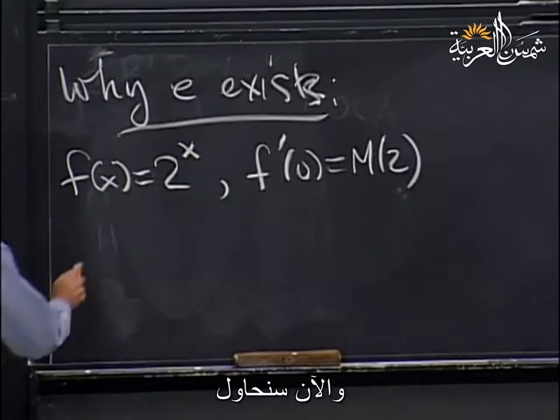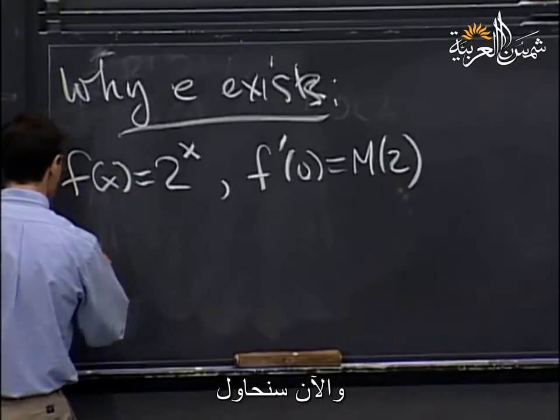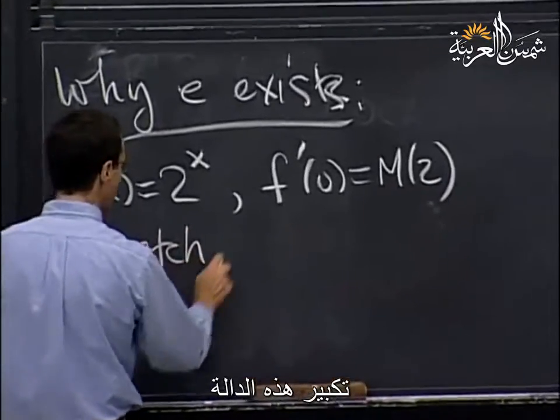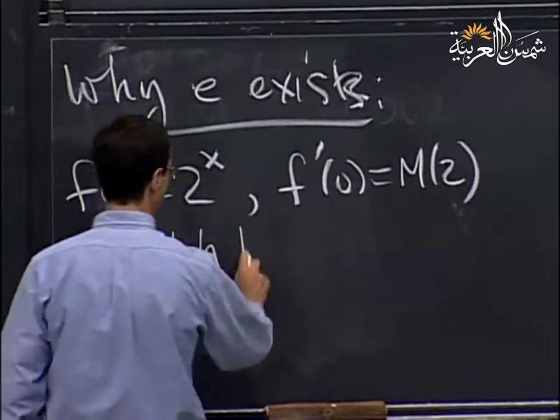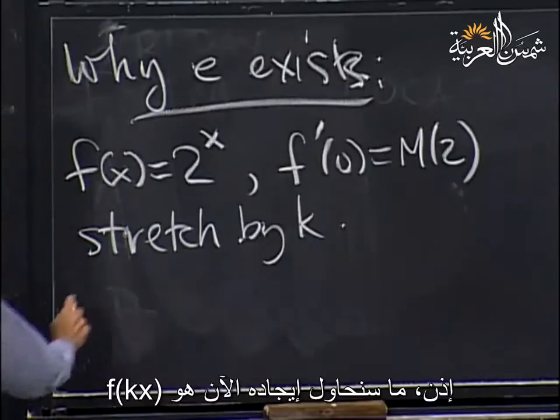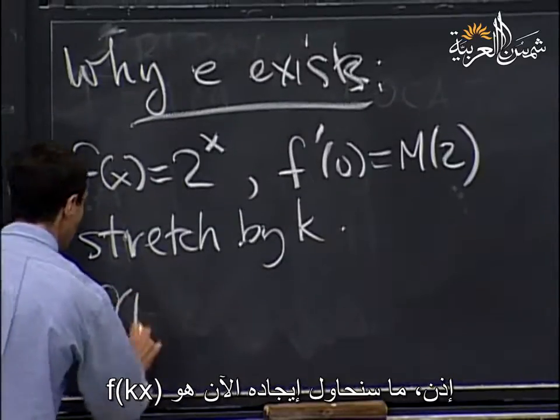So now what we're going to consider here is any kind of stretching. We're going to stretch this function by a factor k, any number k. So what we're going to consider is f of kx.